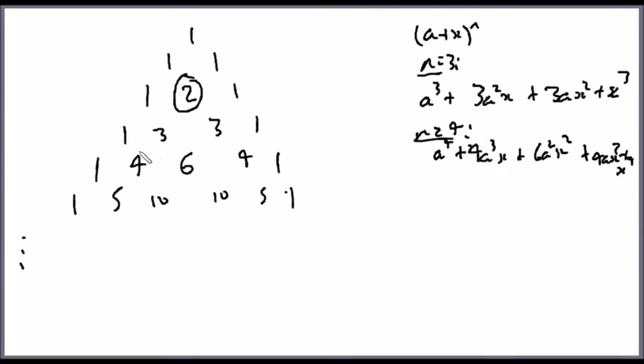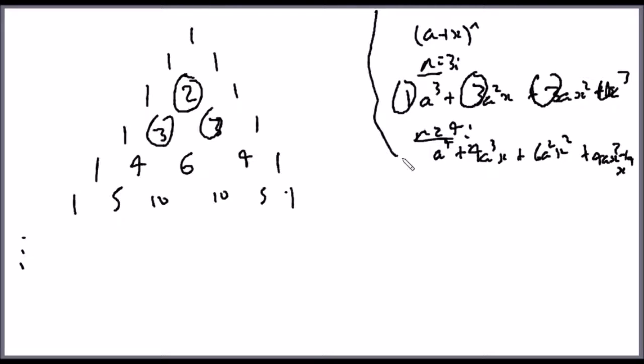Now, you may have noticed, look at that, there's 3 here, and this is technically a 1 here, there's 1s here, so these match, and here 1, 4, 6, 4. So it seems like there's quite a relationship between binomial expansion and Pascal's triangle.